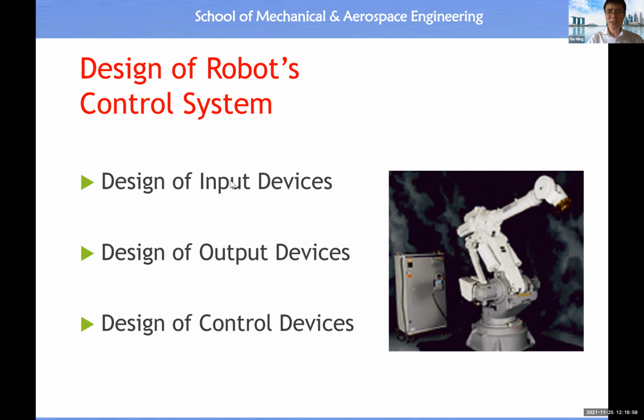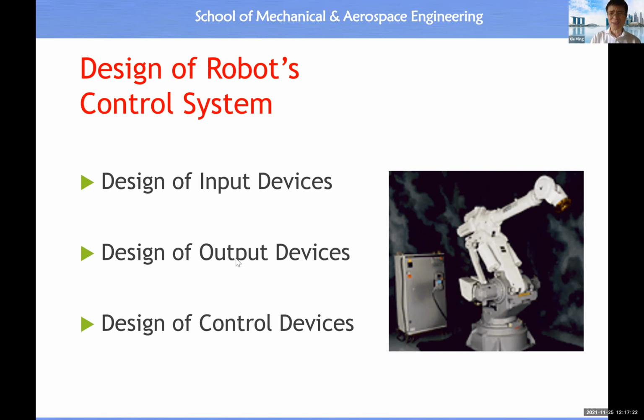And for the input, the primary device should be the sensor, sensory input. This also includes a keypad for a human user to input information to your robot, etc. Then control device basically means a microcontroller with the input-output module, etc. So these are the key considerations.